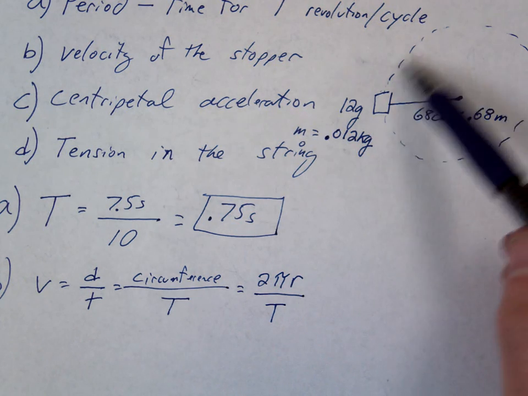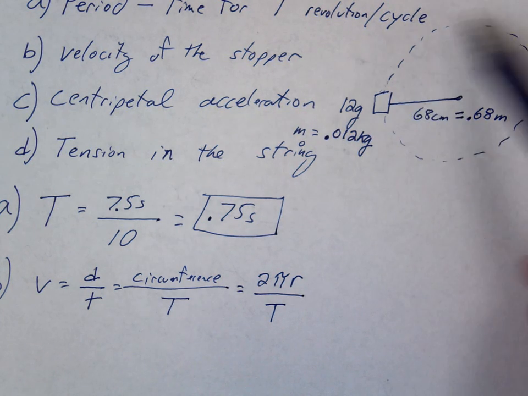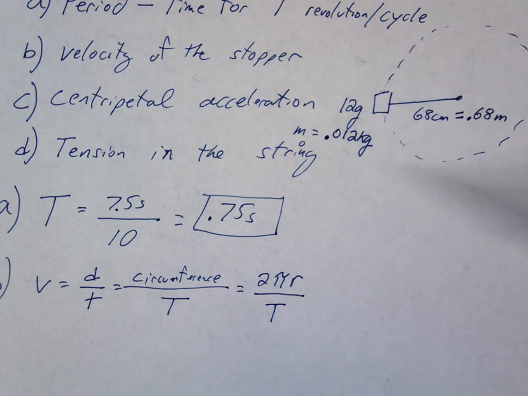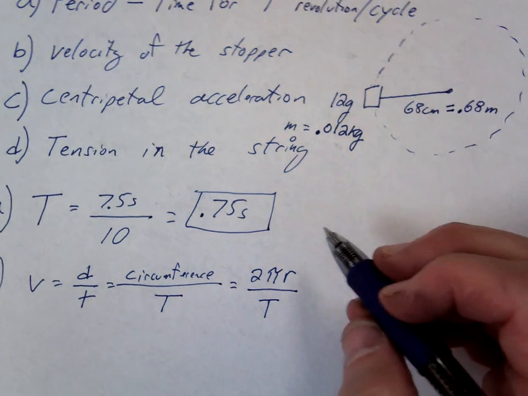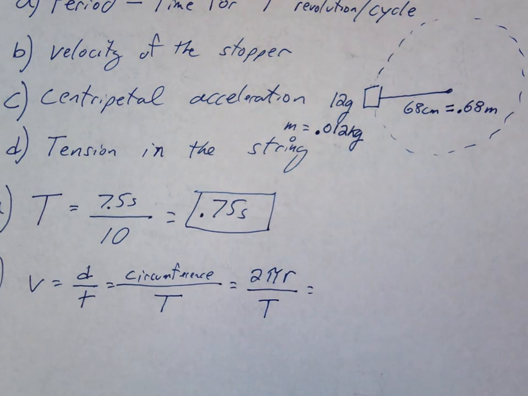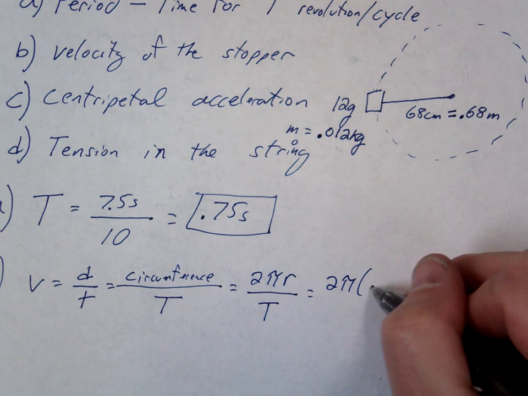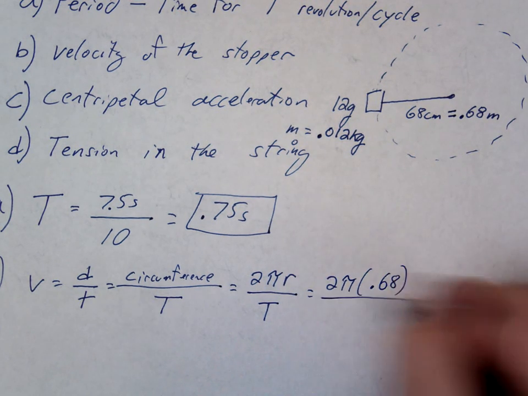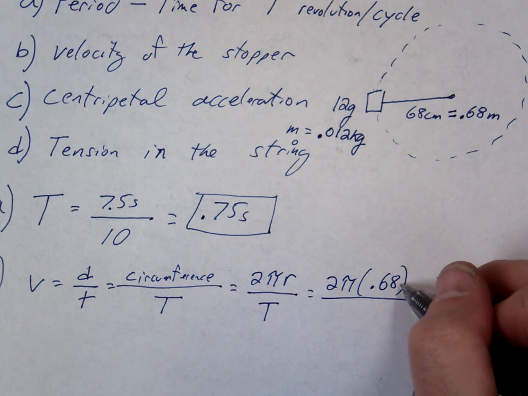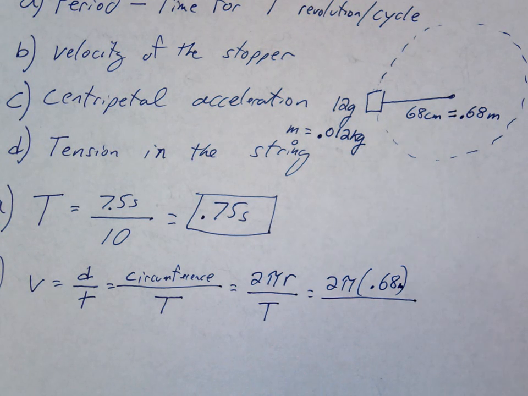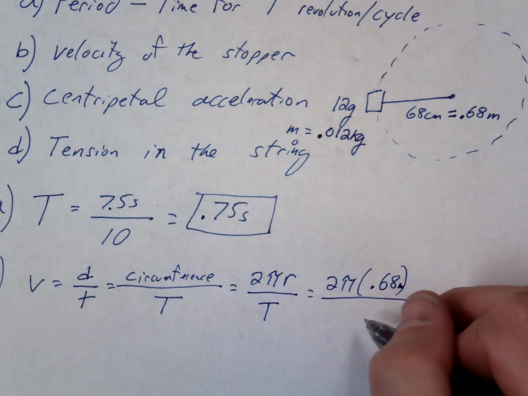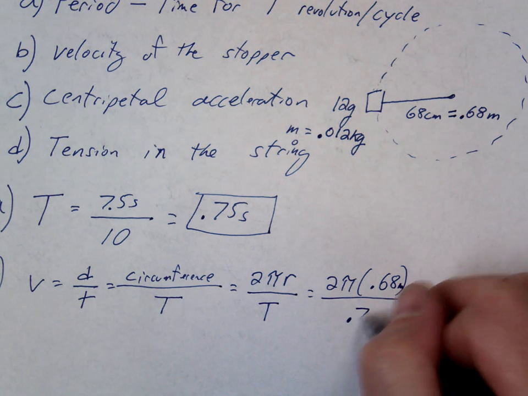Alright, so again we're saying, if we know the distance in 1 revolution and we know the time it takes, then we can find how fast it's moving. So go ahead and do that. 2 pi, and make sure you use your converted distances, 0.68 meters and 0.75 seconds.